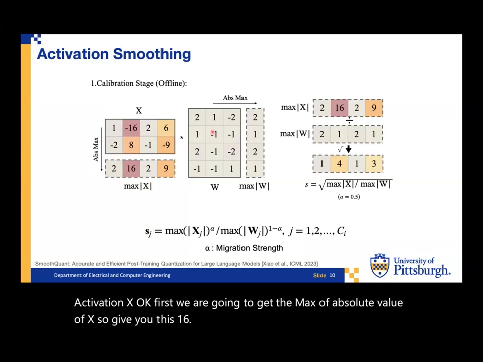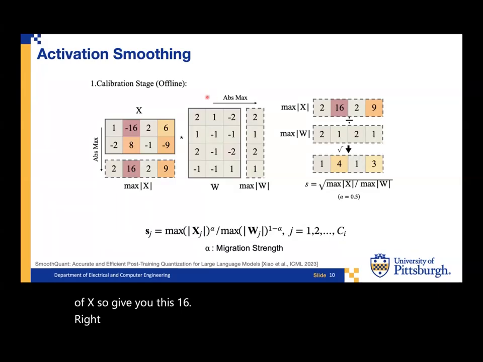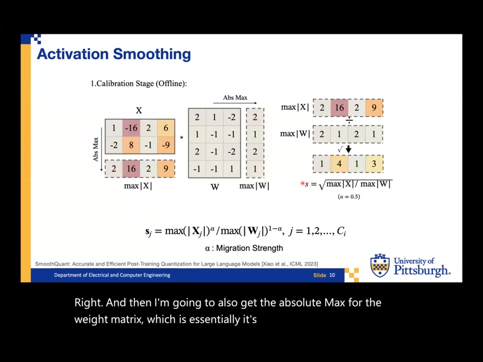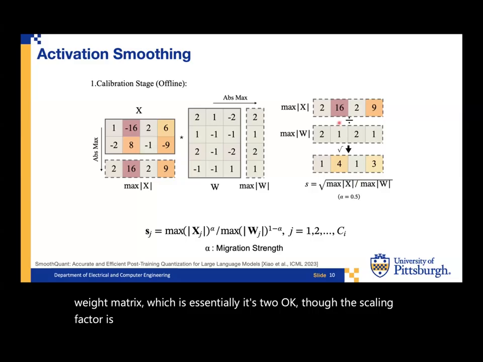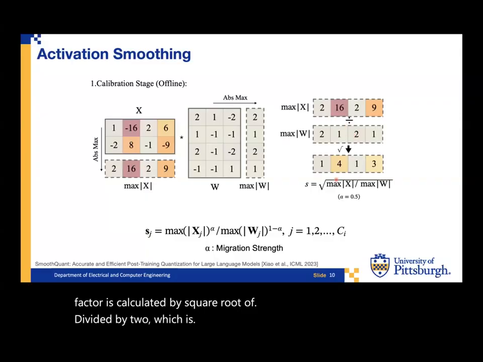And then I'm also going to get the absolute max for the weight matrix, which is essentially 2, okay? So the scaling factor is calculated by the square root of 16 divided by 2.